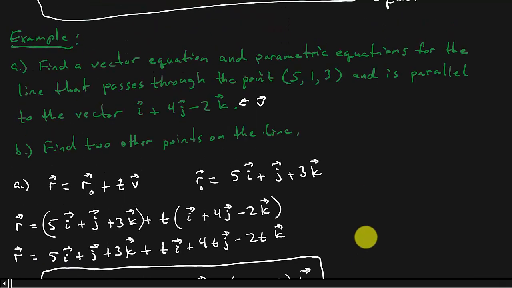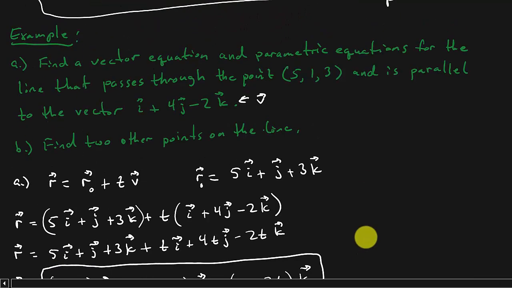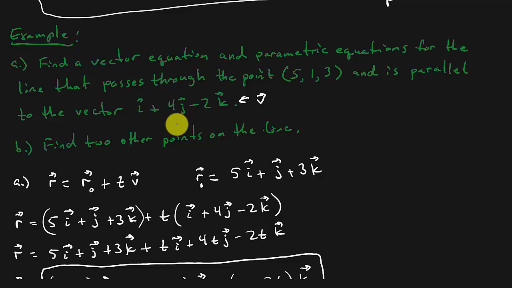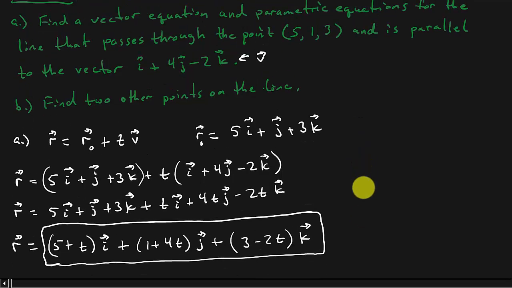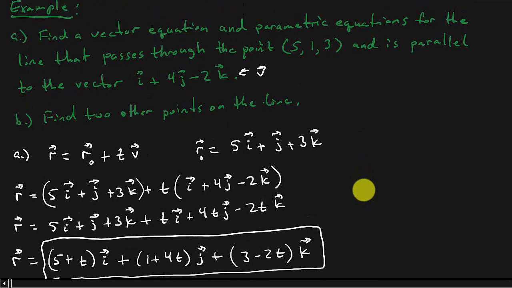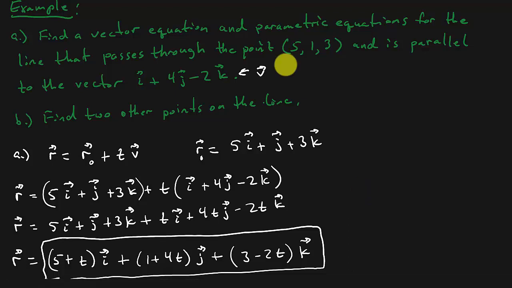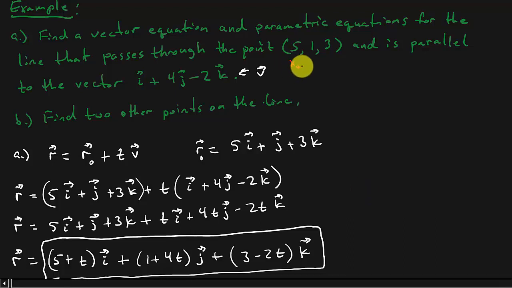And see, we didn't have to do much with this because they gave us a point on the line and they gave us the parallel vector. So there you have it. All right? And I also want you to keep in mind, I didn't write it, but remember, this is x0, y0, z0.